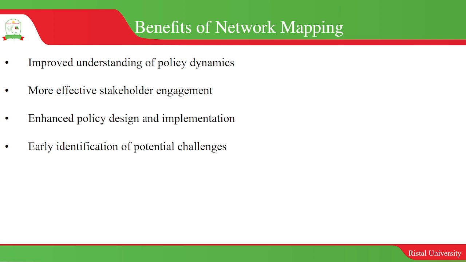Okay. When you use network mapping, of course, it allows you to categorize the stakeholders in terms of the level of knowledge that they have on a particular policy issue, and therefore you can know how to influence that kind of flow of information.